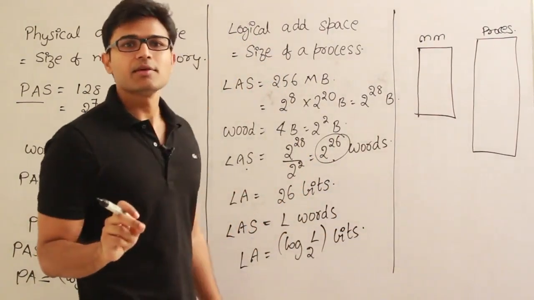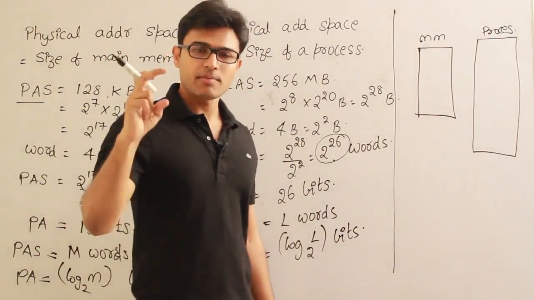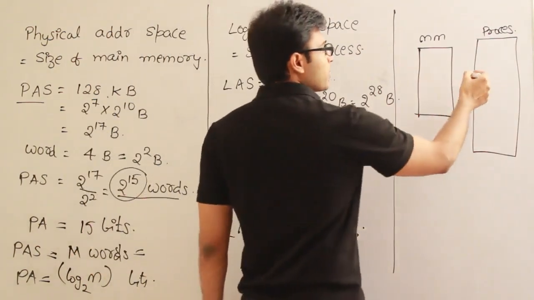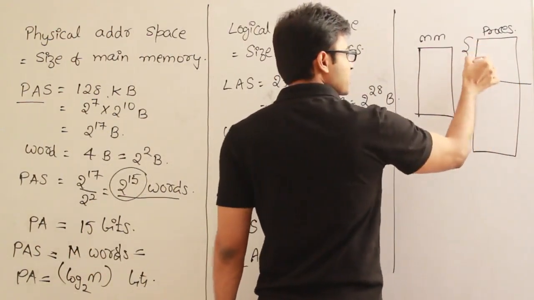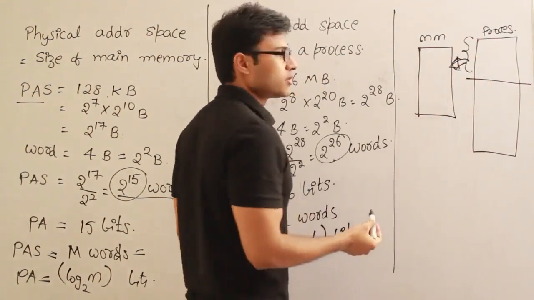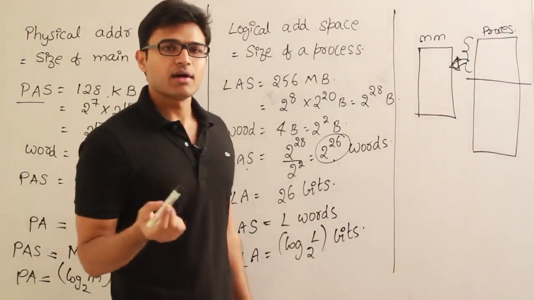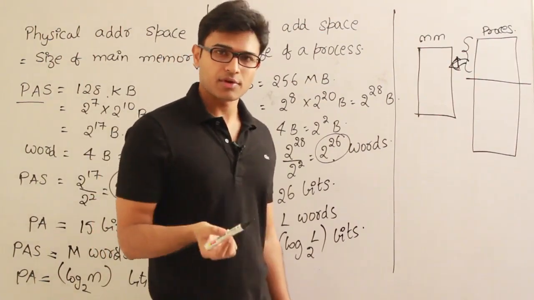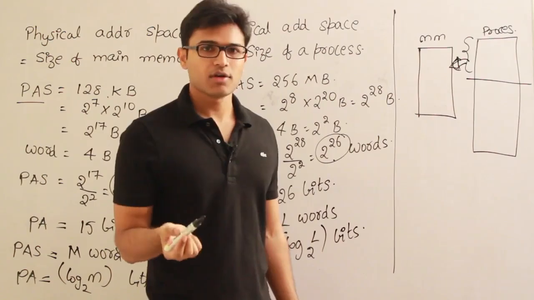But at any point of time we require only a part of the process, not the entire process. Therefore we take a part of the process, load it into the memory and run it. This concept is called virtual memory. Virtual memory is having a part of the process in the main memory, not the entire process, to start running.